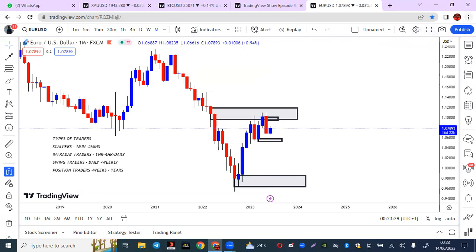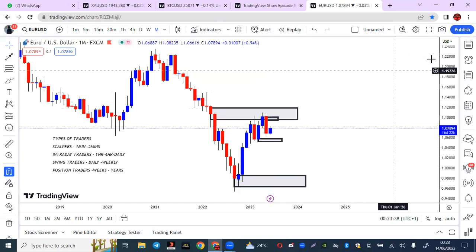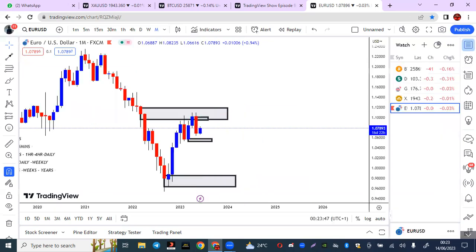Okay, so now here you can publish trade ideas. If I want to publish trade ideas, I can publish trade ideas, record video ideas and all that. Then here, these ones are not really so important, but let me just go through it. This first one is a watch list. These are the pairs I look at mostly. I look at Bitcoin sometimes, and I look at DXY.